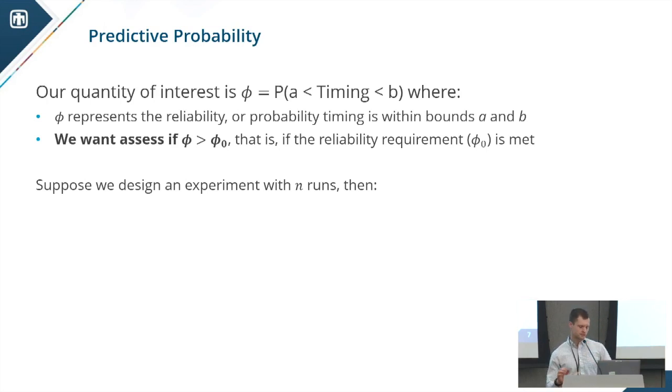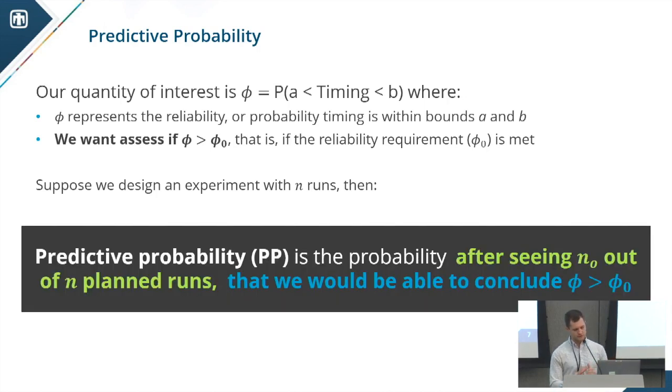All right, so suppose we design an experiment in the normal way based on this information. We have some information of how to do a power analysis that says we expect to need to run this experiment n times. Great. Now, we can use something called predictive probability, which I'll talk about quite a bit, to help us make earlier decisions during the test.